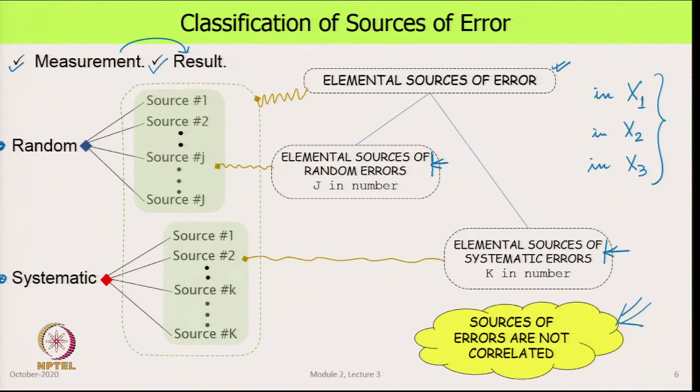This means that one error source, say elemental systematic source number 1, does not affect any of the other error sources, systematic or random, and vice versa. No error source affects the error magnitude in any other error source. Put another way, every error source is independent.